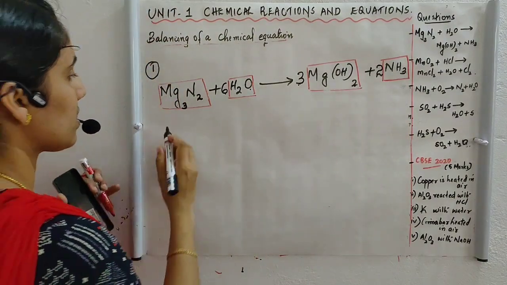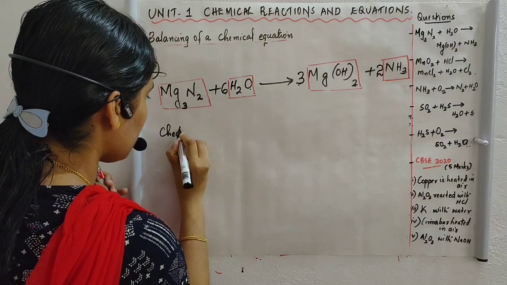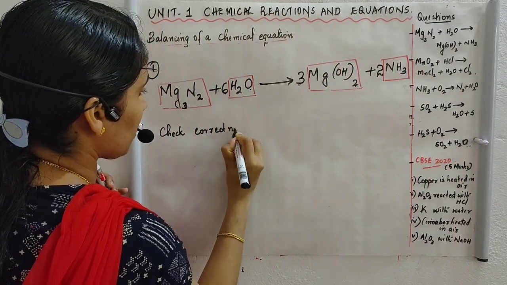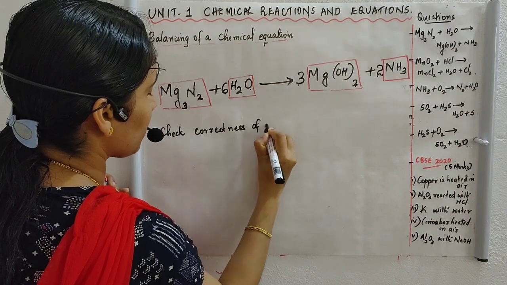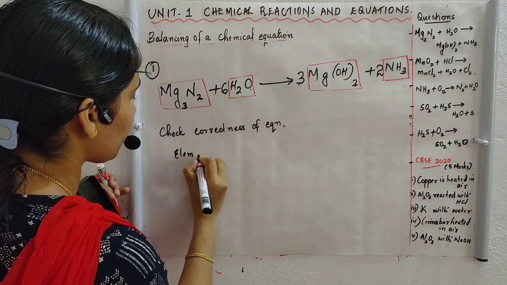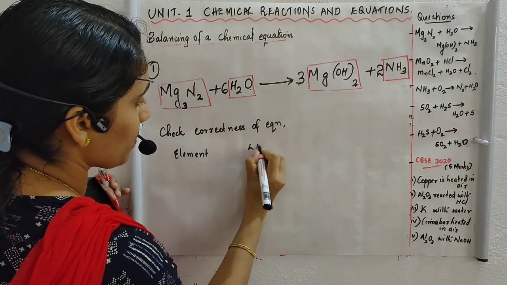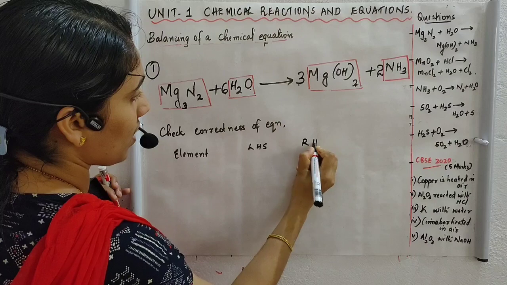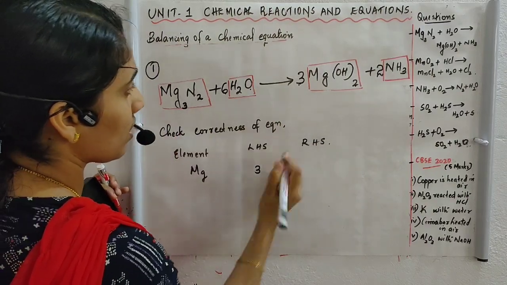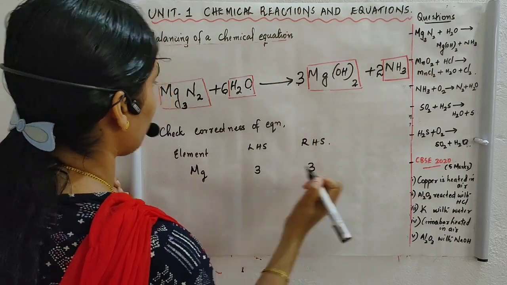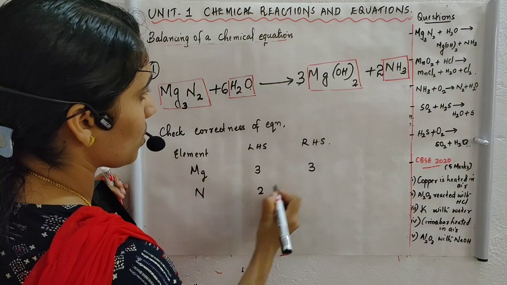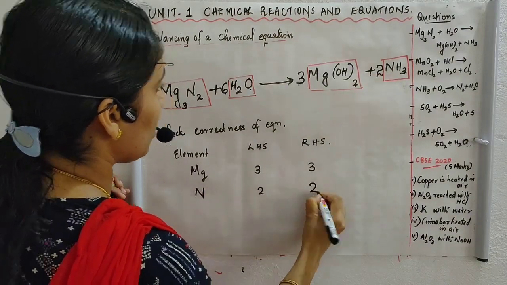After getting the balanced equation, check the correctness of the equation. Is it balanced or not? Element, LHS, RHS. Magnesium here is 3, this side also 3. Nitrogen here is 2, this side also 2.